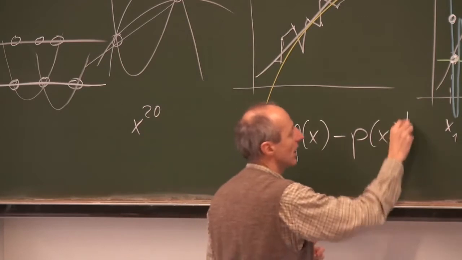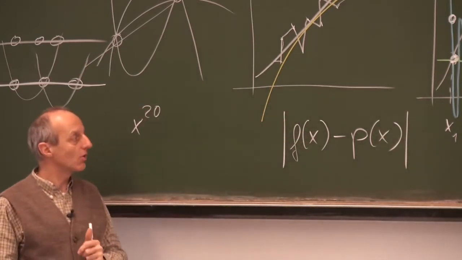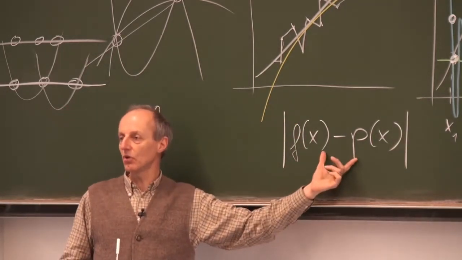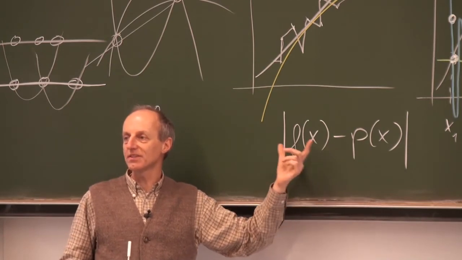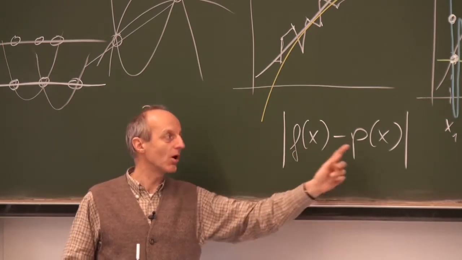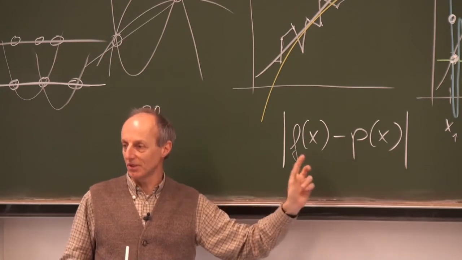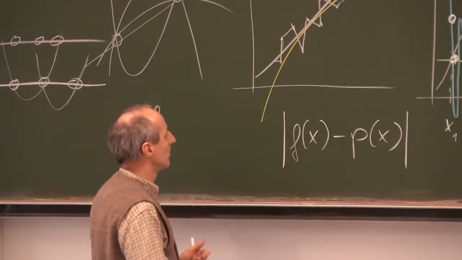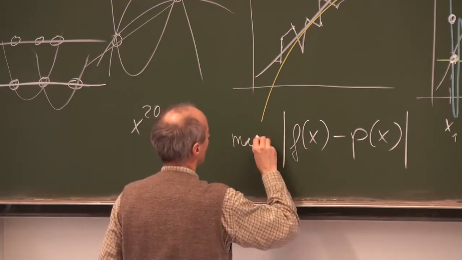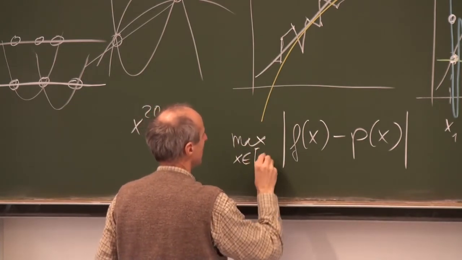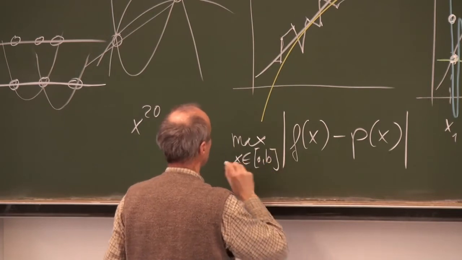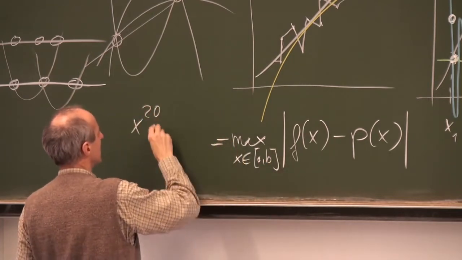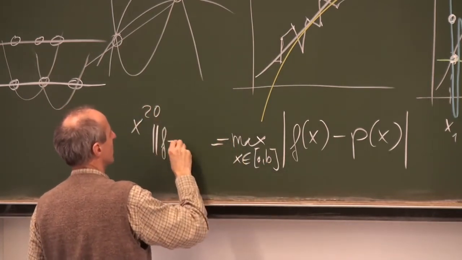Then we take the absolute value of this difference, and we consider the maximum of this absolute difference on our given interval. So the maximum for x in [a, b], and this is nothing but the maximum norm of f minus p.